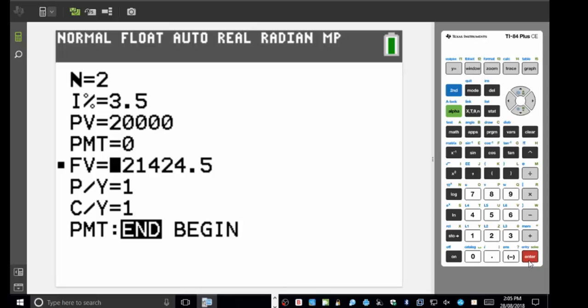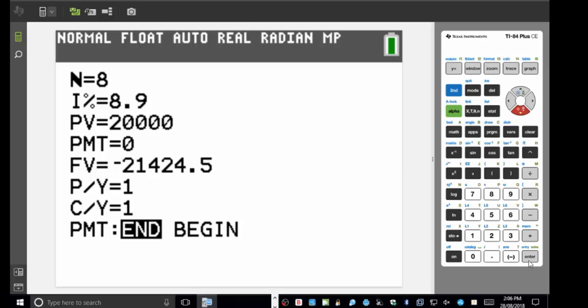25,000 is invested at... What's N? 8. Right, put 8 in for the top thing. What's the rate of interest? 8.9. How much money? 8,000.